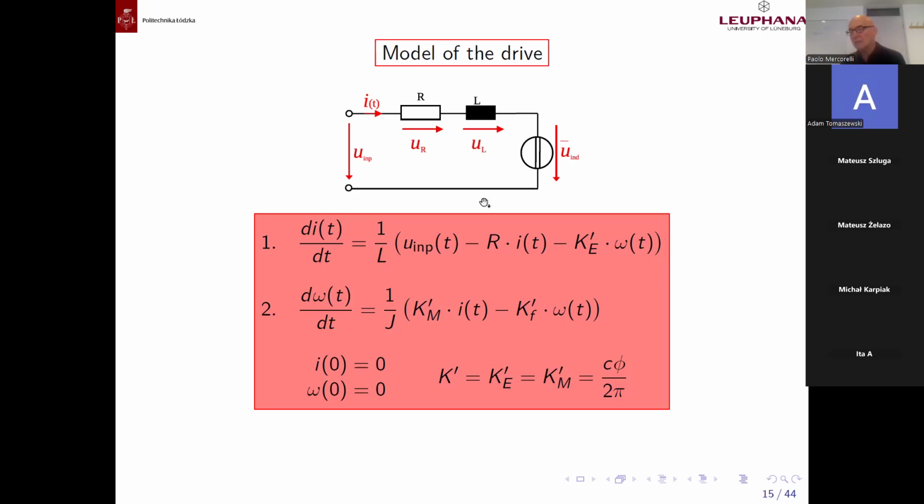We can see it from the scale. Last time I told you a little bit more in detail, but anyway, in our case, we needed a model to explain the model predictive control, because the model characterizes the model predictive control. Again, this Ke apostrophe is the reaction, the induced voltage, the reaction of the movement of the rotor in the circuit.